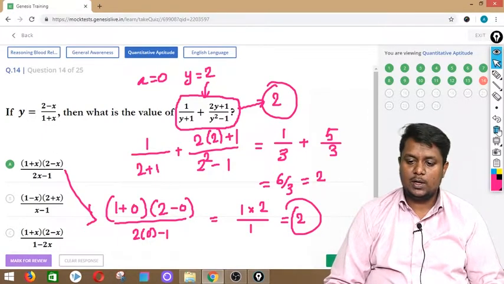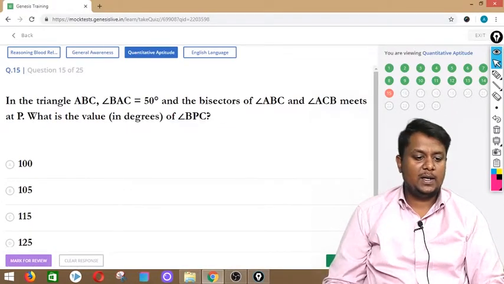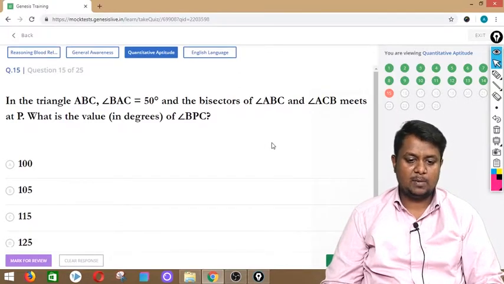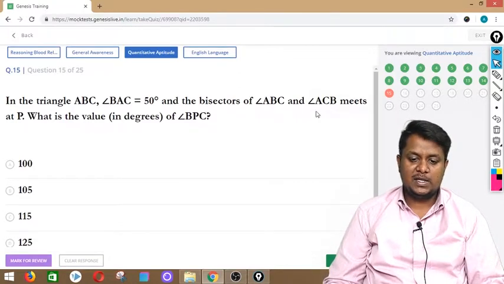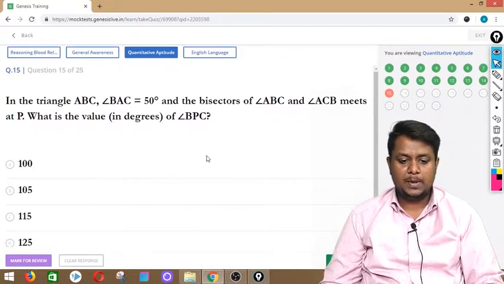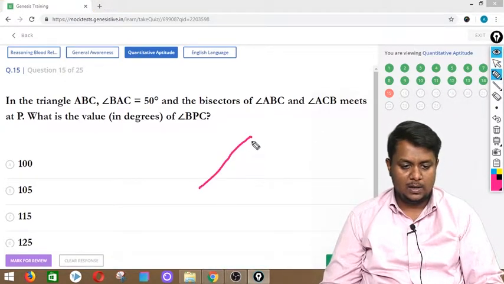Let's move on to the next question. In the triangle ABC, angle BAC is 50 degrees and the bisectors of angle ABC and ACB meet at P. What is the value in degrees of angle BPC? Now, we have to draw a triangle ABC.